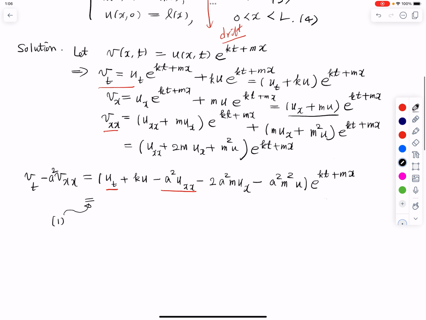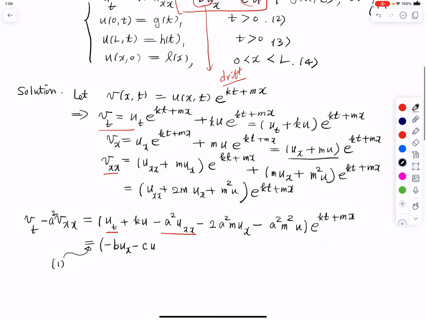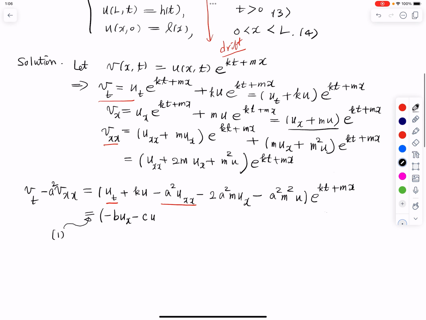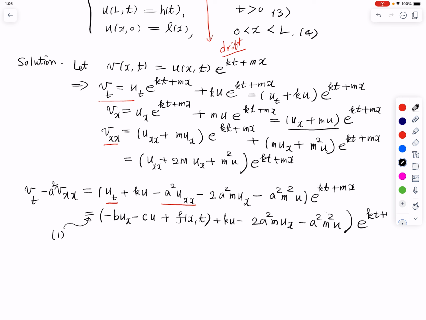So that would be minus bux minus cu, and then plus fxt, and the remaining term. So I got ku minus 2a square m ux minus a square m square u, and the e to the kt plus mx.